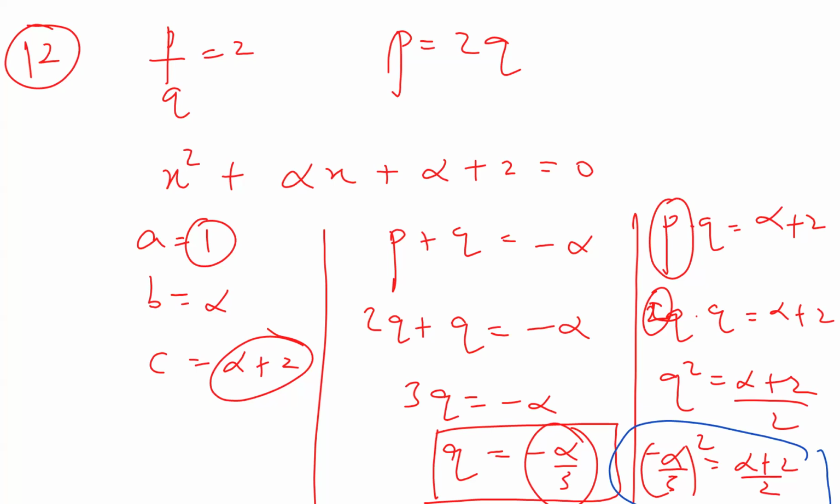Let's go to question number 13. If r is the ratio of the roots of the quadratic equation ax square plus bx plus c equal to 0, so alpha upon beta is equal to r. So alpha is equal to beta r.